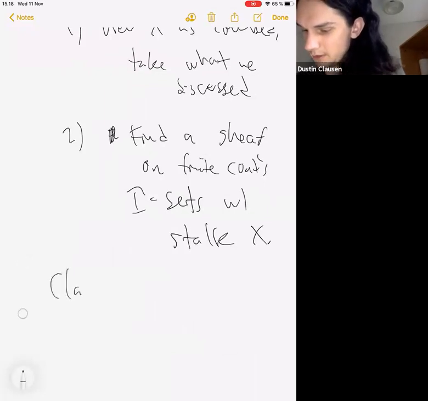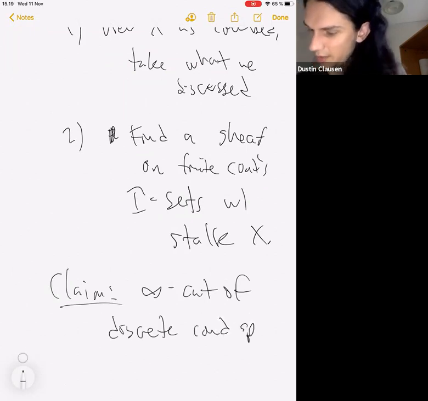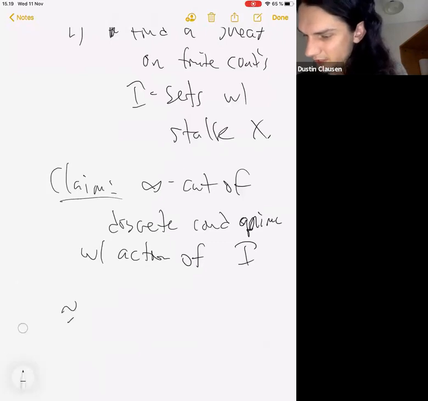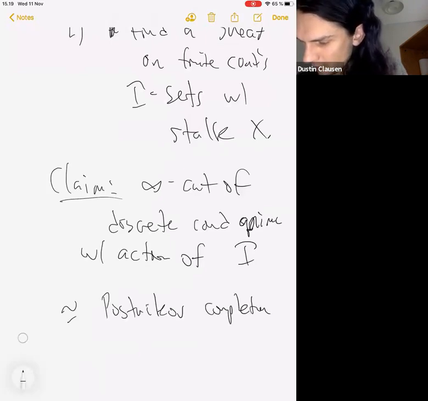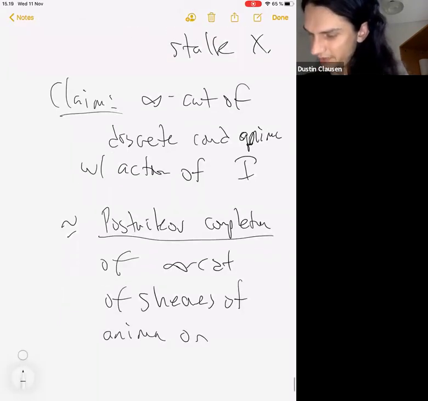So the claim is that the infinity category of discrete condensed spectra, or anima, with continuous action of profinite group Gamma, is the same as the Postnikov completion of the infinity category of sheaves of spectra, or of anima, on the site of finite Gamma-sets.